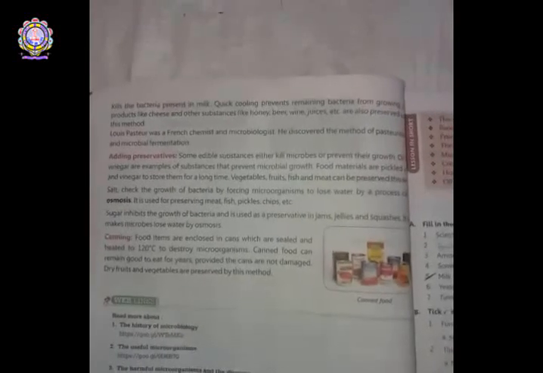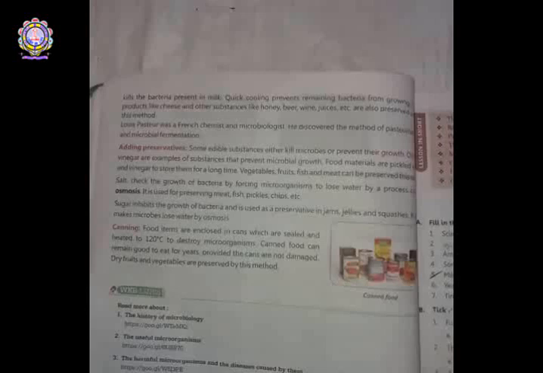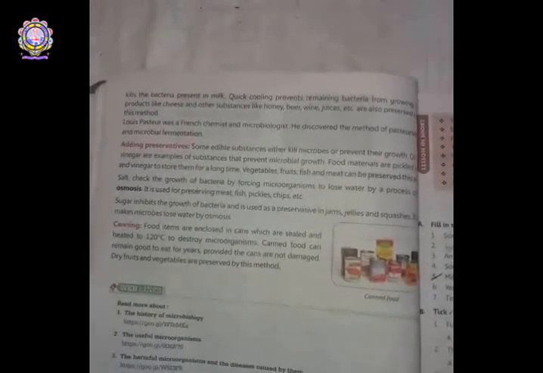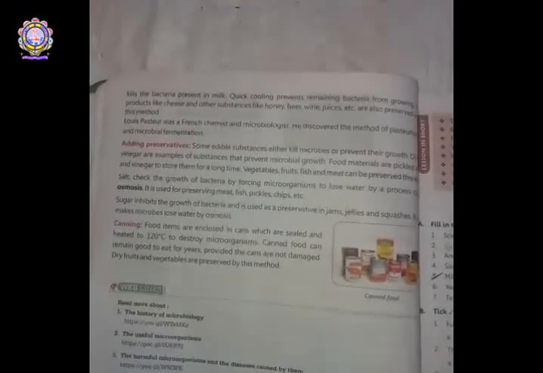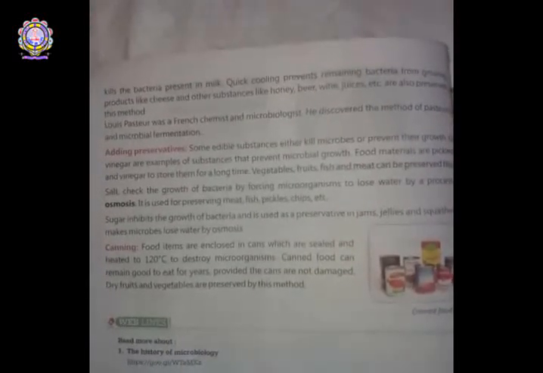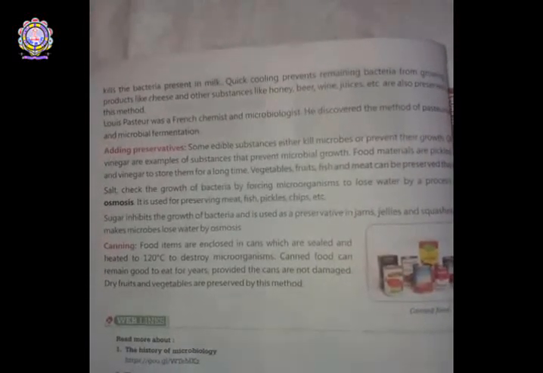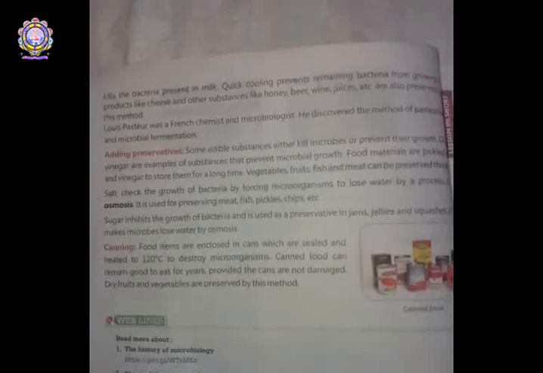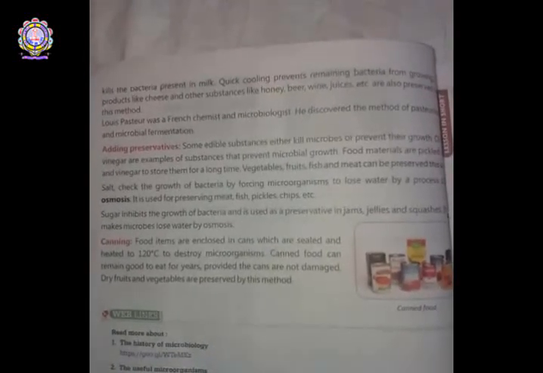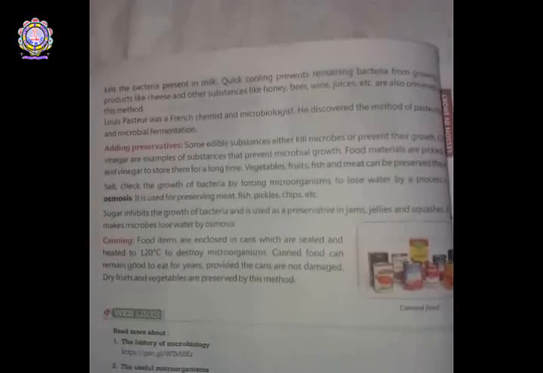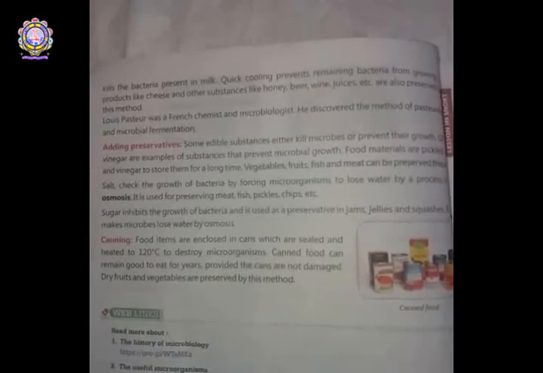Heating kills the bacteria present in milk, and quick cooling prevents remaining bacteria from growing. Milk products like cheese and other substances like honey, beer, wine, juices, etc. are also preserved by this method.